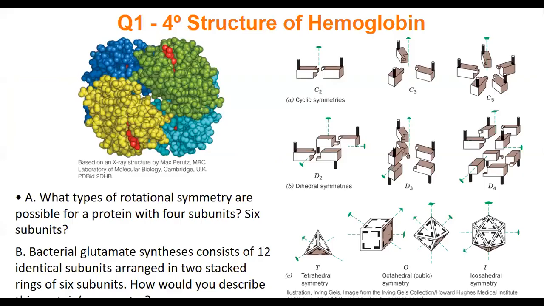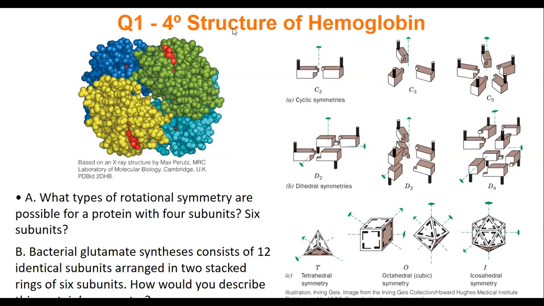All right. The last thing we're going to talk about structure-wise, well, general structure-wise, is called quaternary structure. Quaternary structure is multiple proteins coming together to form a giant protein, or multiple peptides coming together to form a giant protein.